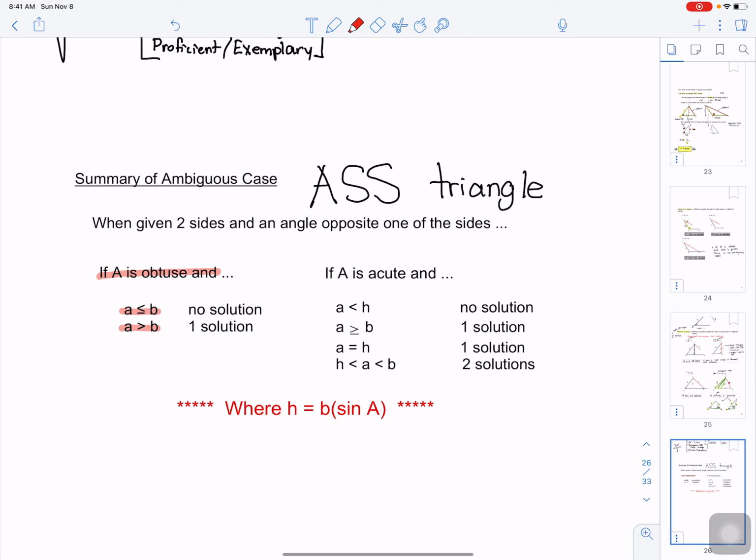If A is greater than B, you have one solution. If my angle is acute, everything is based on the H value we calculate, and H is equal to B times sine of A. Those four scenarios are being formed.